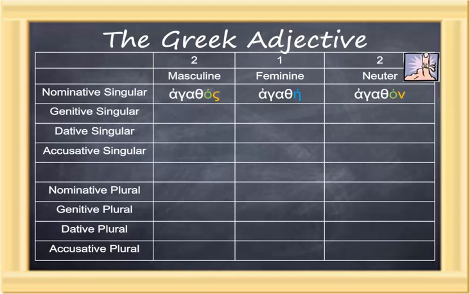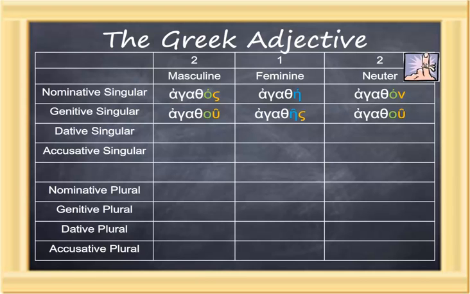Our example will be agathos, and it inflects as follows. Agathos, agathe, agathon. One can see the stem vowels indicated in blue for the first declension and green for the second declension, and one can see the familiar case endings. Sigma, nothing new.